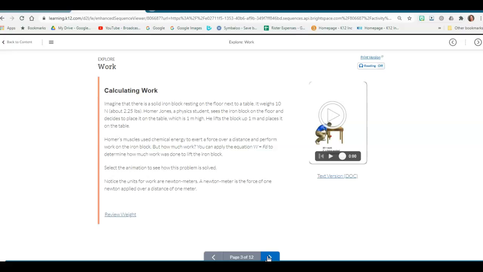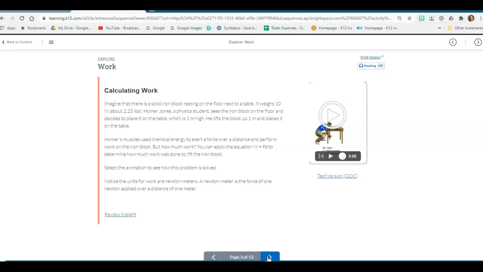So imagine that there's a solid iron block resting on the floor next to a table. It weighs 10 newtons, which is about 2.25 pounds. Homer Jones, a physics student, sees the block on the floor and decides to place it on the table, which is 1 meter high.